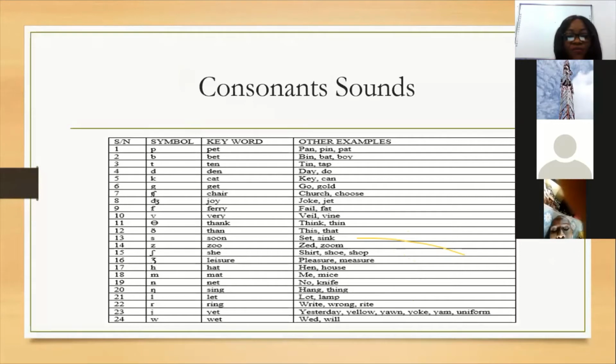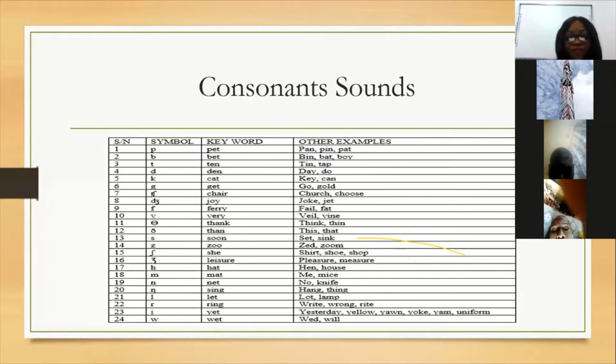And then we have the sound which is represented alphabetically by the alphabet F and sometimes PH. So you have the sound, even though the word is spelled PHONE, phone. The PH is the alphabet, but the pronunciation is a sound, right?